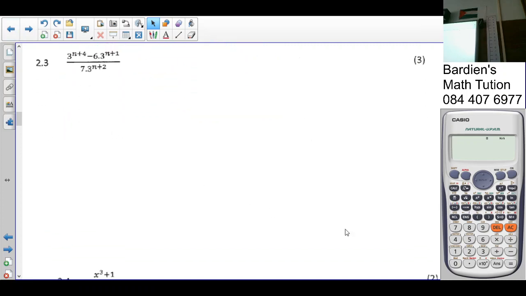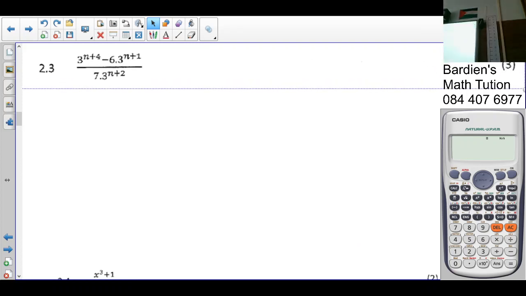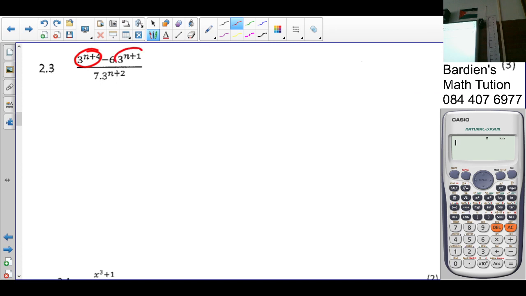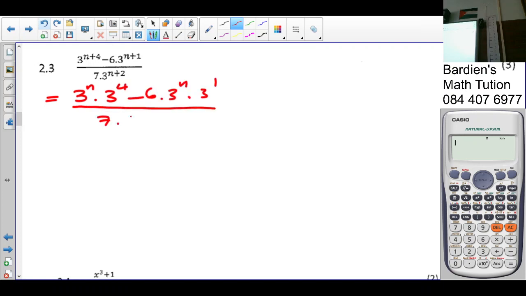Let's look at number 3, 2.3. So what needs to be done here is that I'm going to break up and factorize. Now I know many of you can do it without the step, no problem. It's just a little difficult for me to do it, let's say that for now. There's 3 to the n times 3 to the 4 minus 6 times 3 to the n times 3 to the 1 over 7 times 3 to the n times 3 squared.